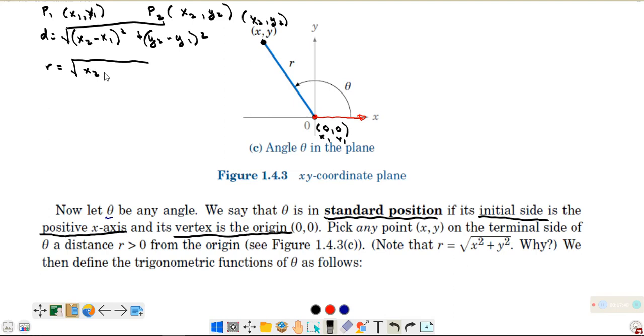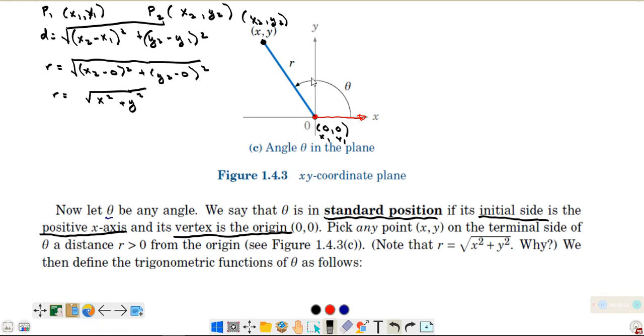Meron kang x sub 2 minus 0 squared plus y sub 2 minus 0 squared. Giving you r is equal to the square root of x squared plus y squared. So, dito siya nanggaling.